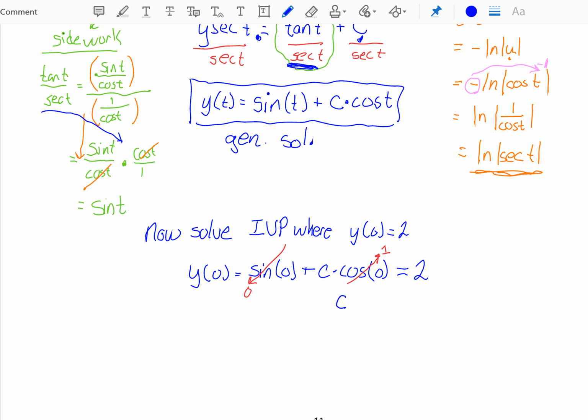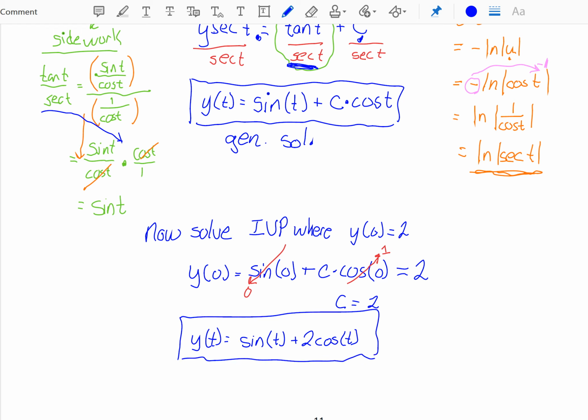So this is going to tell me that c really equals 2, which gives us the solution to the IVP as sine of t plus 2 cosine of t. This is the solution to our IVP.